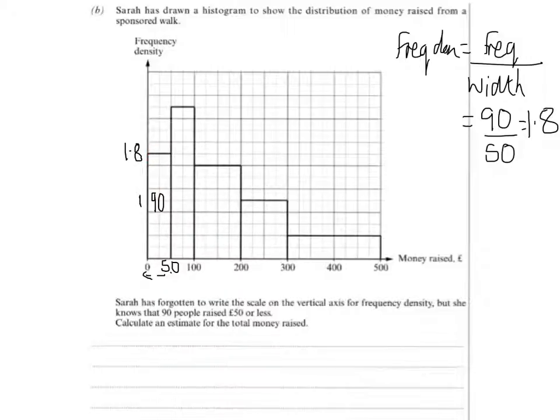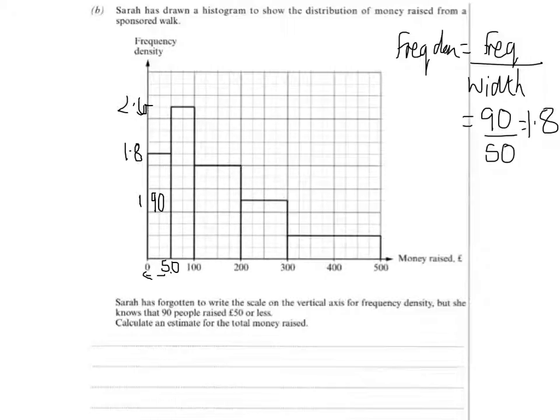So what we need to work out then, we need to know the frequency densities for each of the other bars. We need to add those to our scale going along our y-axis. So, if we look at this one then, here, that's 1.8. We're going to have 2, 2.2, 2.4, 2.6.